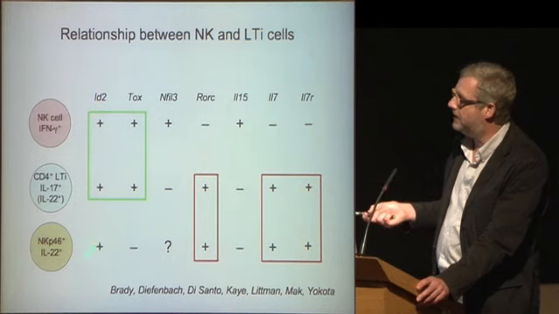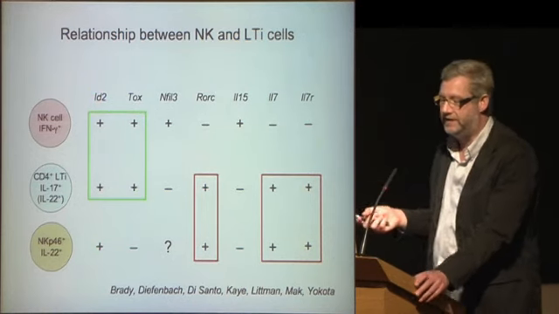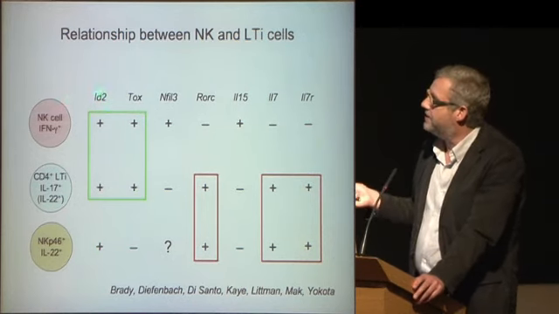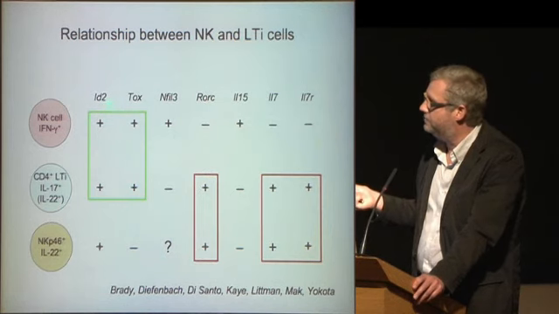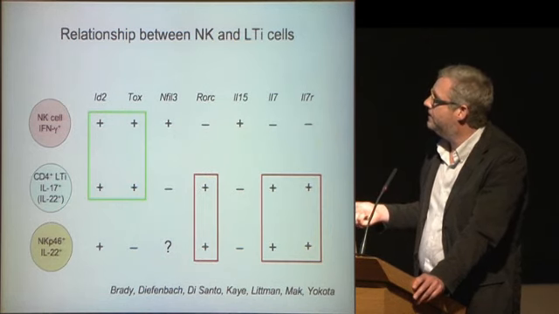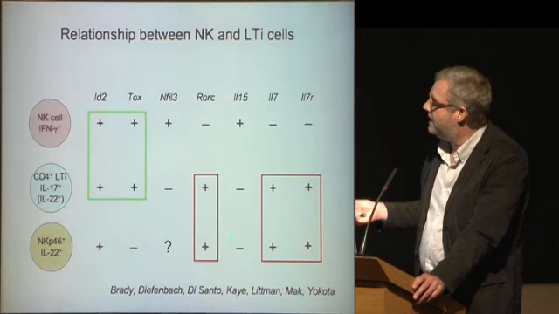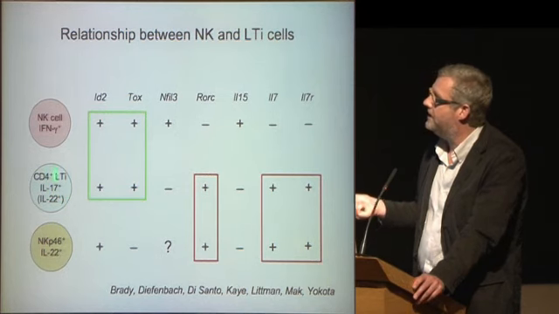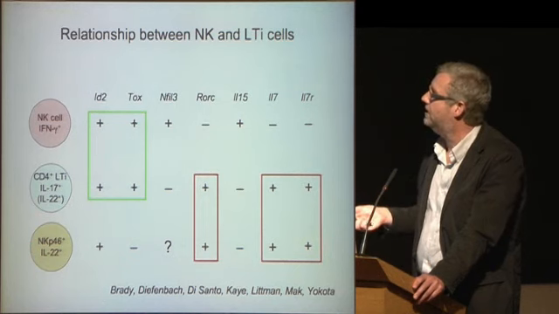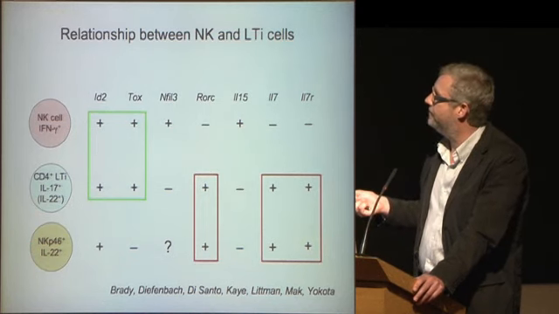So again, these are part of this family, which is now emerging, that depend on ID2 for their development from hematopoietic precursors. These cells express RORgamma t and depend on IL-7, so in some ways they are more closely related to LTI cells than to the NK cells with which they share this one particular natural cytotoxicity receptor.